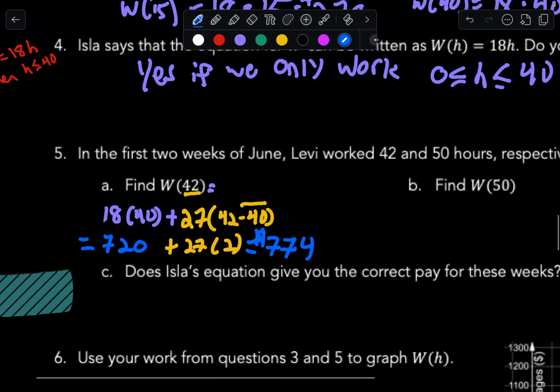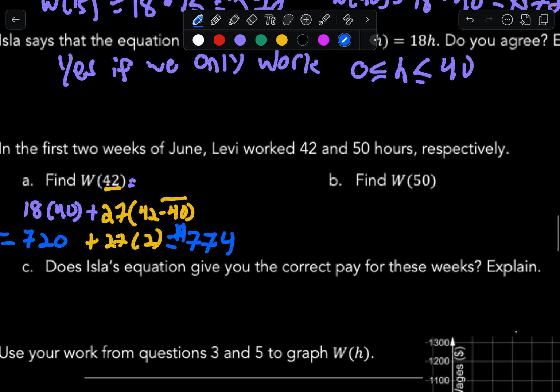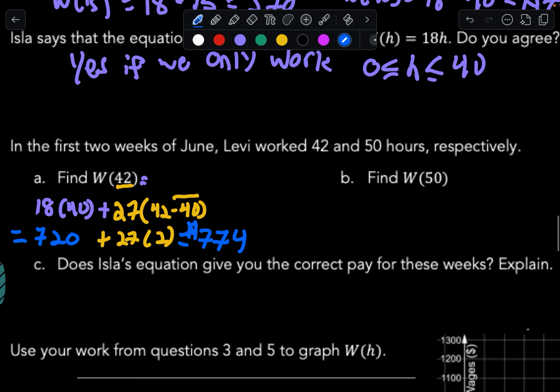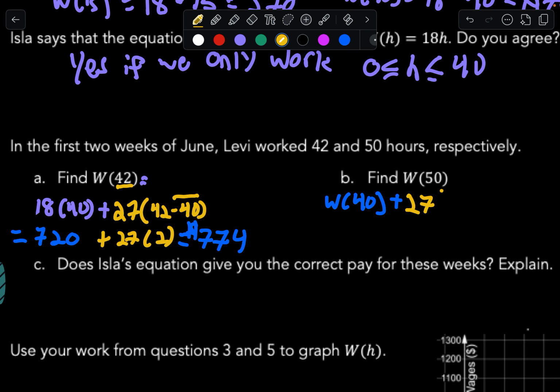So now find W of 50. Well, W of 50 is going to equal W of 40 plus the $27 overtime pay times how many hours over 40 is 50, and that's 10.